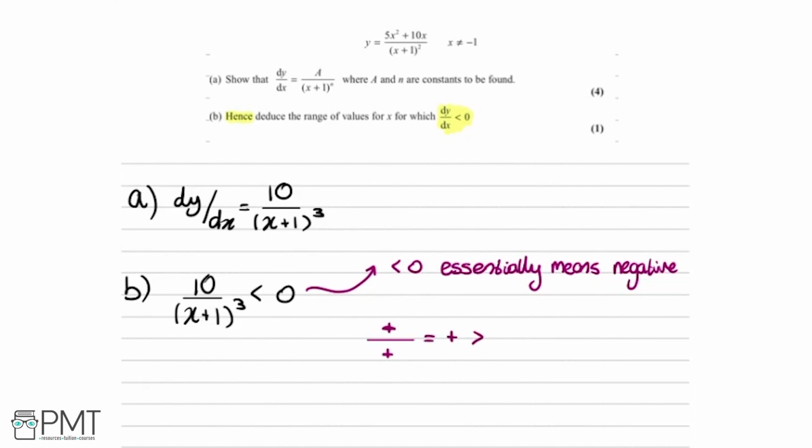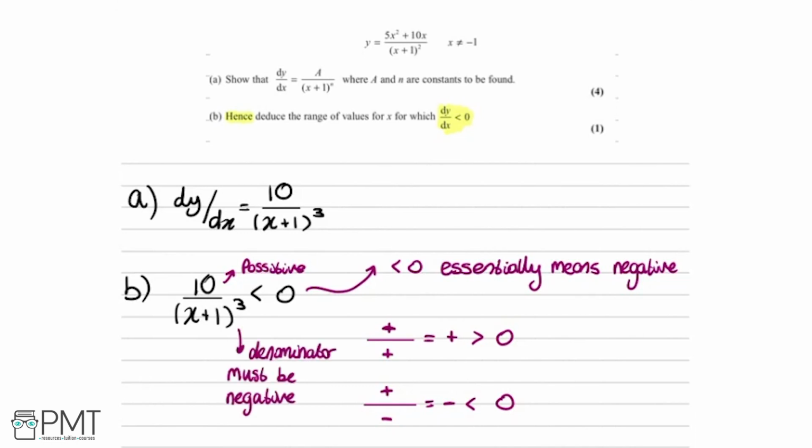So that is greater than 0. If you've got a positive and it's over a negative, that equals a negative. And that's less than 0. So we can see up here that this number is positive in the numerator. Therefore, the denominator needs to be negative for this condition to ever be true.